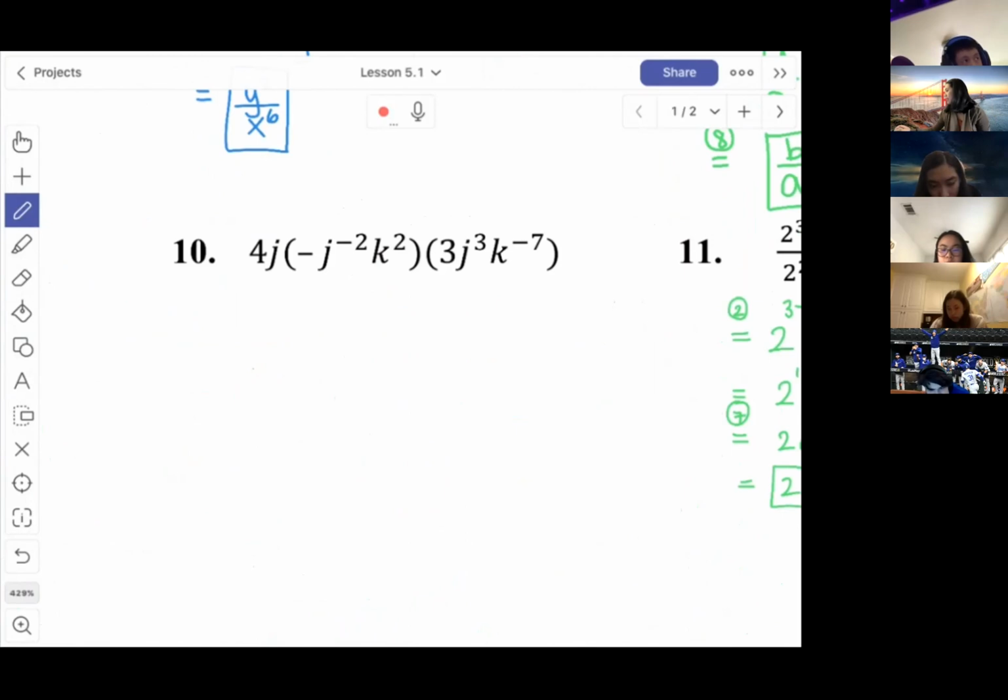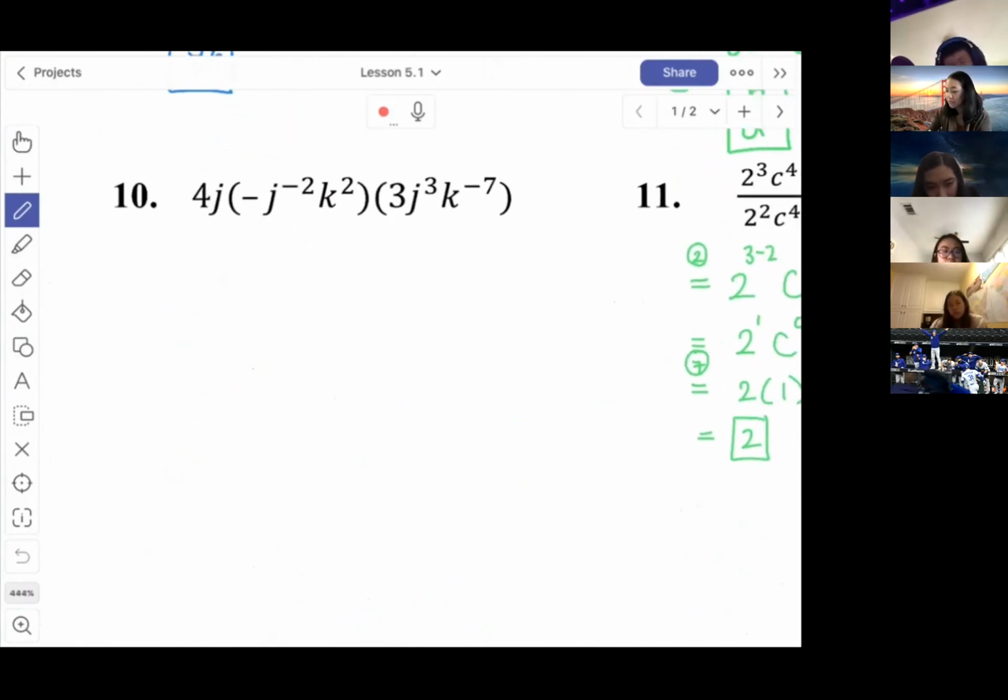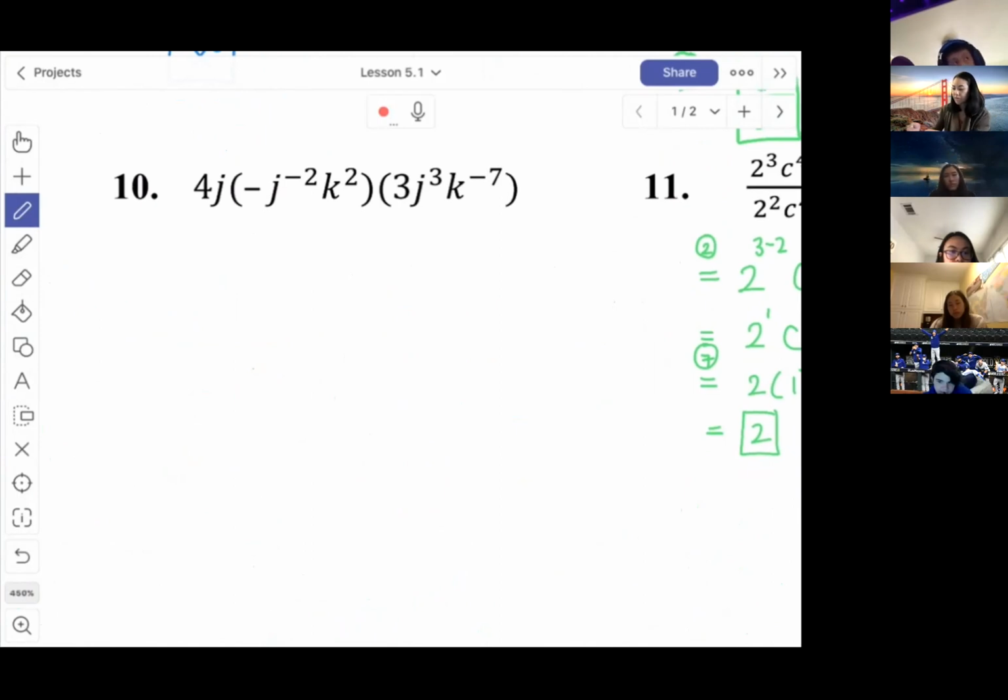All right, number 10. Let's go to Heidi. All right, Heidi, help me with this one. I think you would go with distributing it. Kind of.